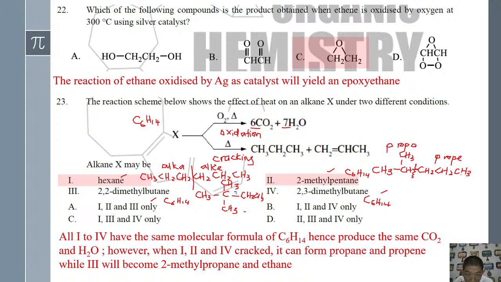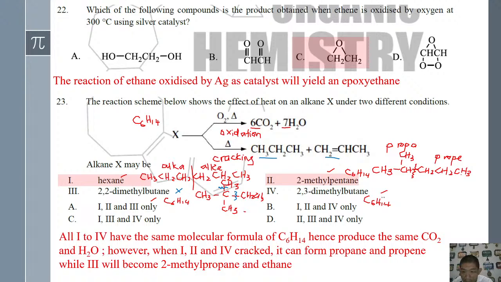If you break from here, you produce methylpropane and ethane, or you break from here, it produces methane and also an alkene with 5C, isn't it? So it is impossible for you to break something that becomes 3C and 3C, isn't it? So therefore, number 3 is not our best answer.